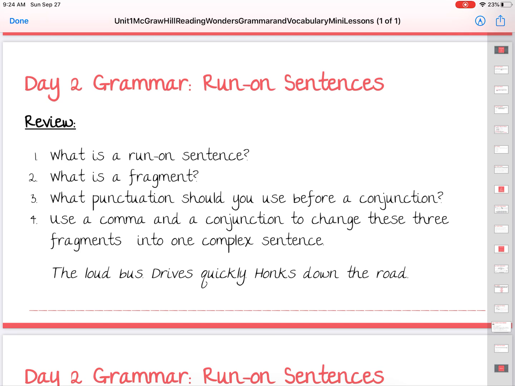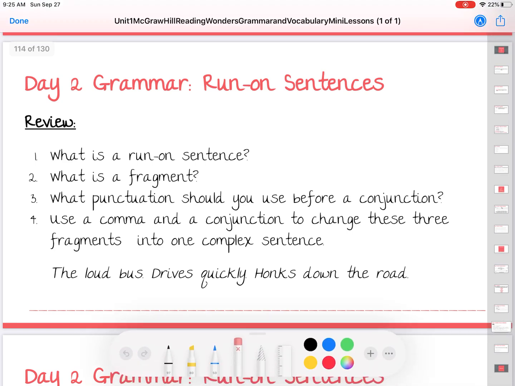So a run-on sentence is a sentence with, that's still not going to work. Darn. My dogs might go off too. All right. Oh, duh. I'm on eraser.